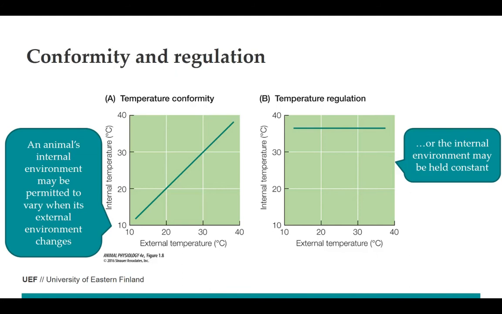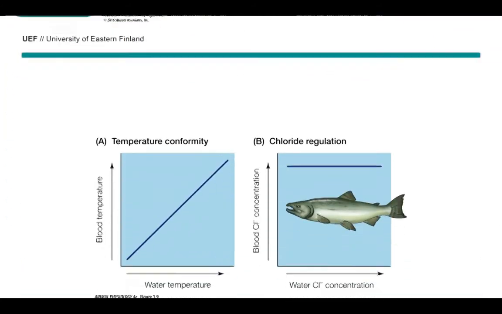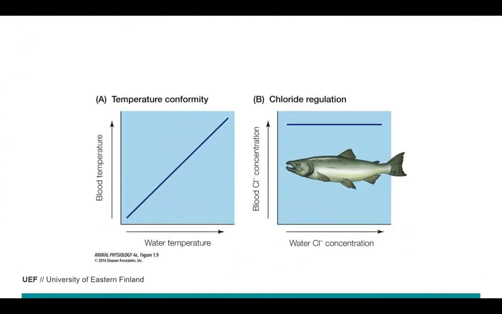But still, we can't always just divide animals on this scale. They can be temperature conformers like a fish, but at the same time this fish can be a chloride regulator. So they try to keep the chloride concentration inside the animal constant, but then temperature can vary.